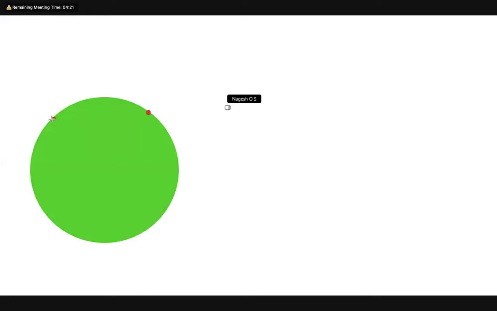I can't dig a tunnel. What is the shortest distance between these two? Not sphere. Arc length. Good. Arc length means it will come like this. This is arc length. This is the shortest distance.